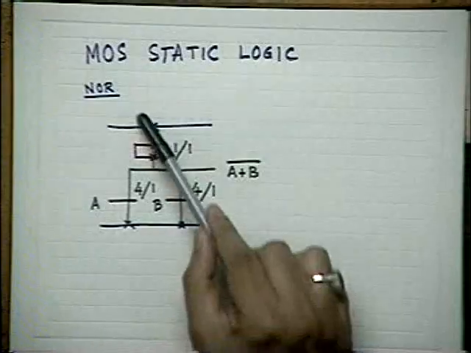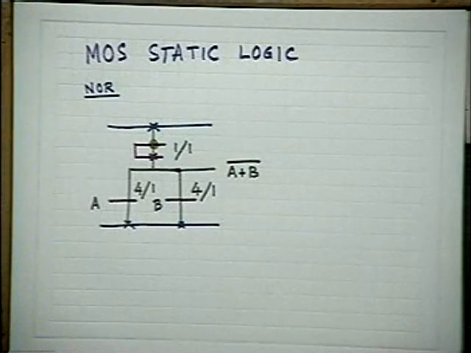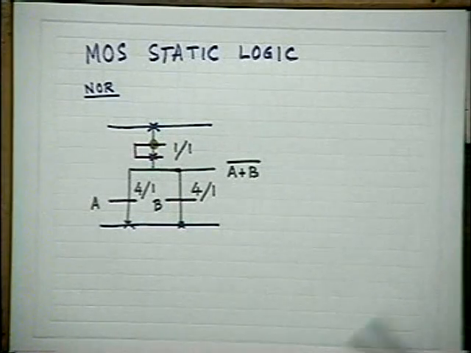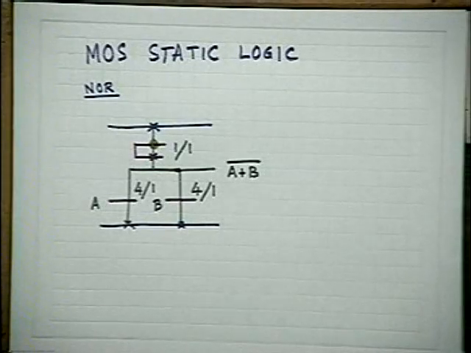And if there is a cross mark at the cross point, that indicates there is an electrical connection between the two, and we call it a cross cut.